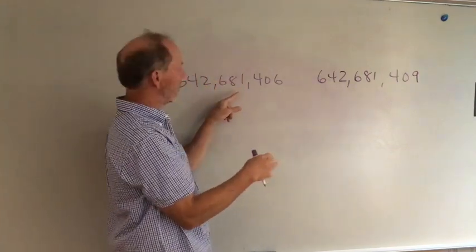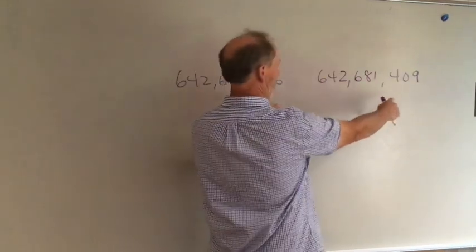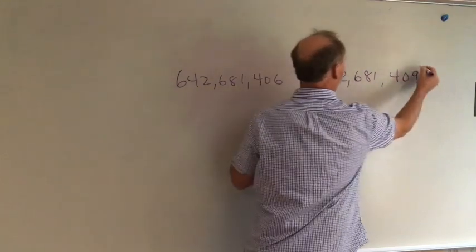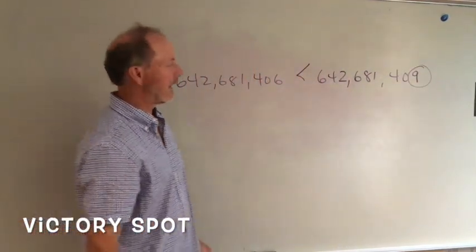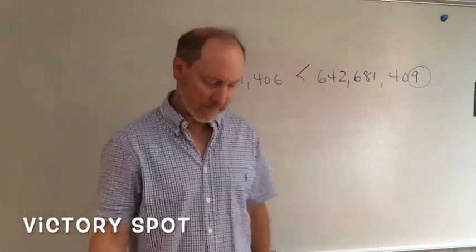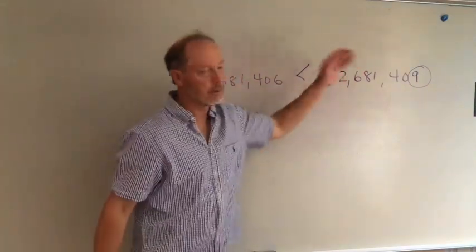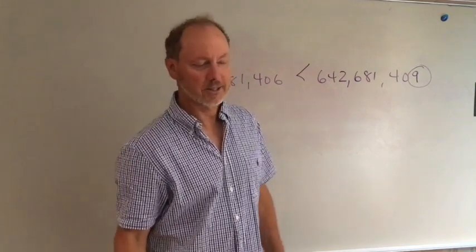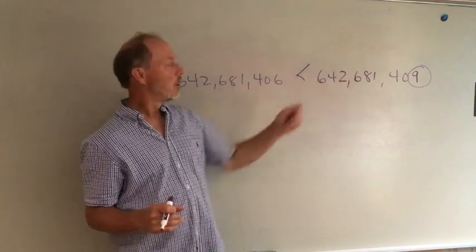See, I'm just comparing them, like looking at them. 400, 400, 010, 010, 6 ones, 9 ones. Oh! Right there. That's the victory spot. That's the official math term. The victory spot. You'll be taking an SOL someday and they'll say, where was the victory spot where this number became greater than that? They won't really do that. That's just me making stuff up. But anyway, that's the place where it happened.